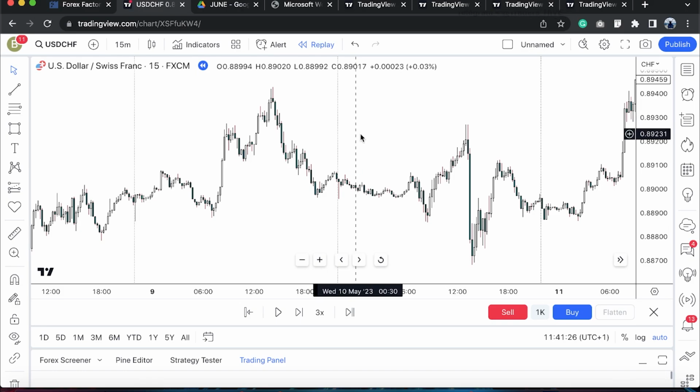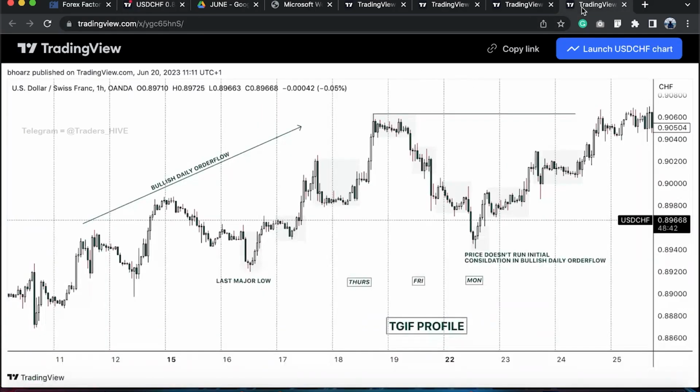What we're looking for is a market maker buy model. That's what we're looking to identify first. If we can identify that, then we're looking for the proper time window to execute in direction of that market maker buy model.